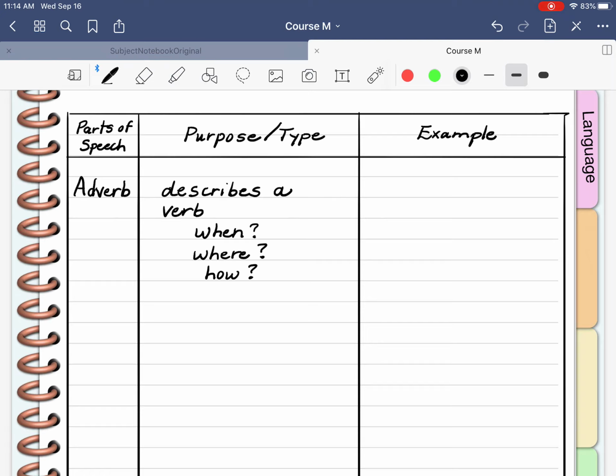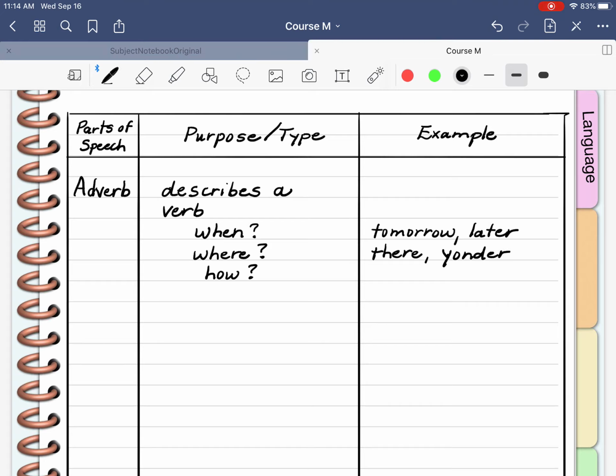So examples of when: tomorrow, later. Where things may be: there. My grandmother used this one all the time.